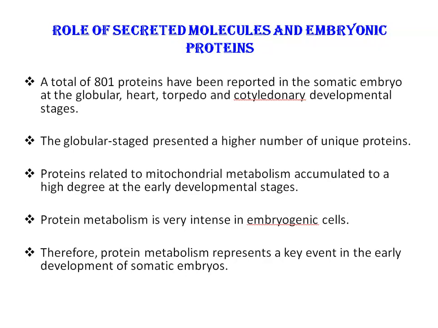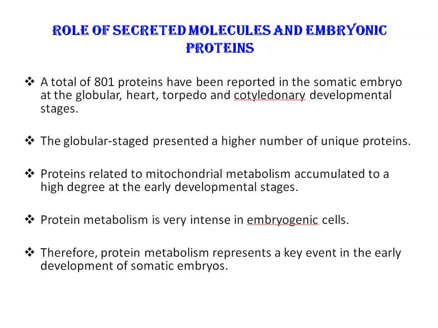According to the results of this study, a total of 801 proteins have been reported in the somatic embryo at globular, heart, torpedo, and cotyledonary developmental stages. The globular stage presented a higher number of unique proteins, 16, and 7 were isoforms of 60S ribosomal proteins, suggesting high translational activity at the beginning of somatic embryogenesis.